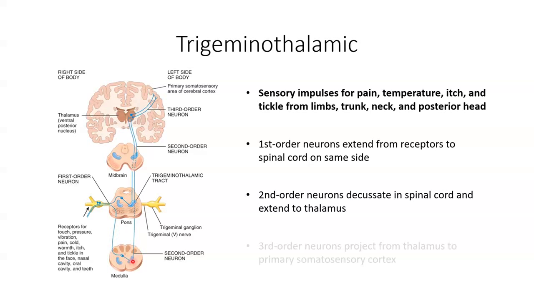They all then decussate, so whether it's in the medulla or in the pons, they will decussate across to the other side and then ascend via that trigeminothalamic tract all the way to the thalamus. The third order neurons, as with the rest of our sensory pathways, then extend from the thalamus to our primary somatosensory cortex on the same side.